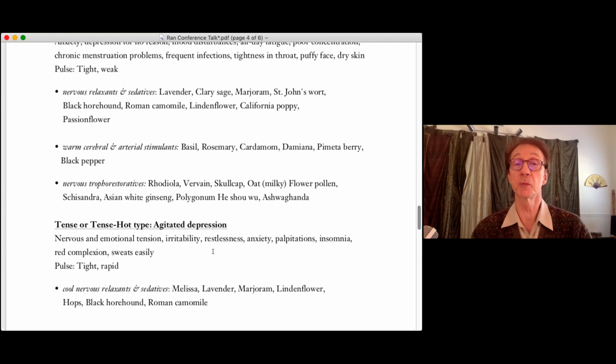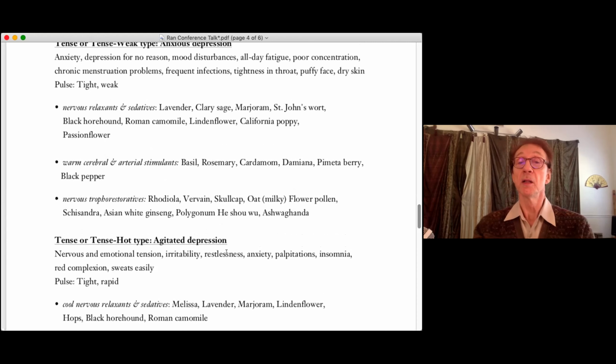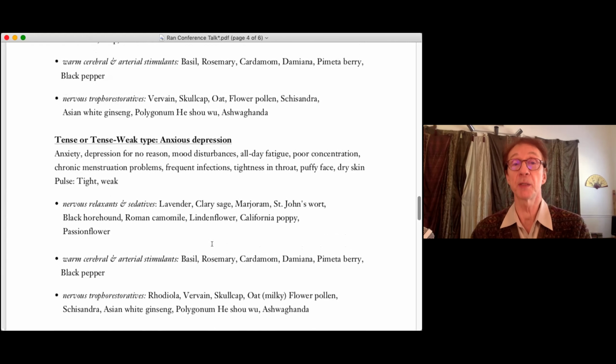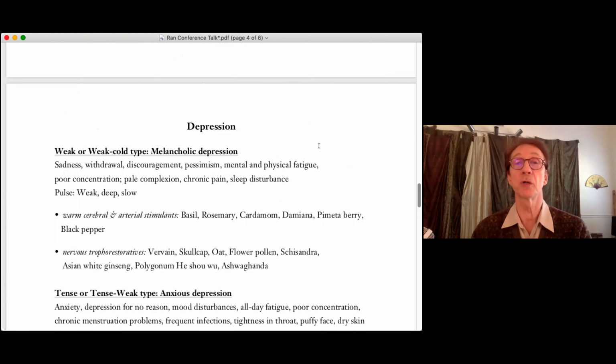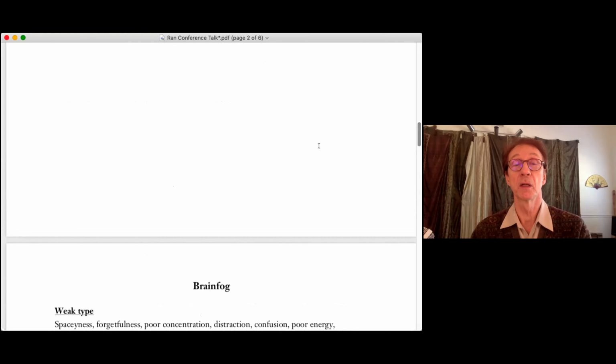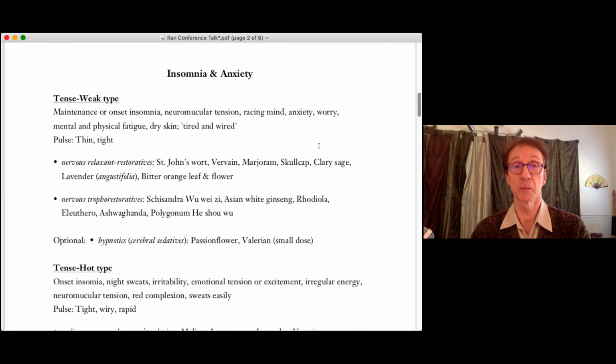This is really interesting with depression because clinically we really need to differentiate among the different types of clinical depressions: agitated depression, anxious, and melancholic. So we'll get there. Let's start with insomnia and anxiety, okay?